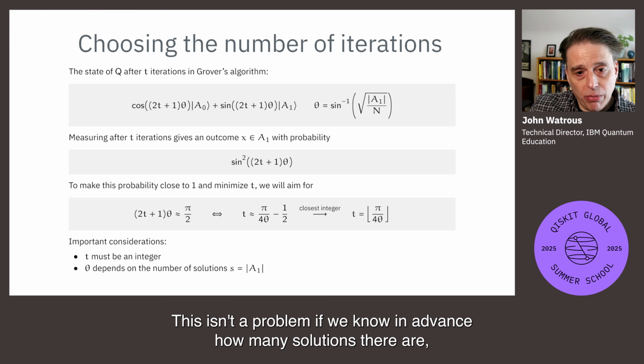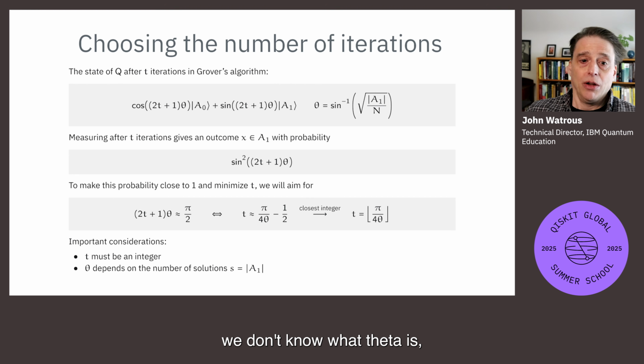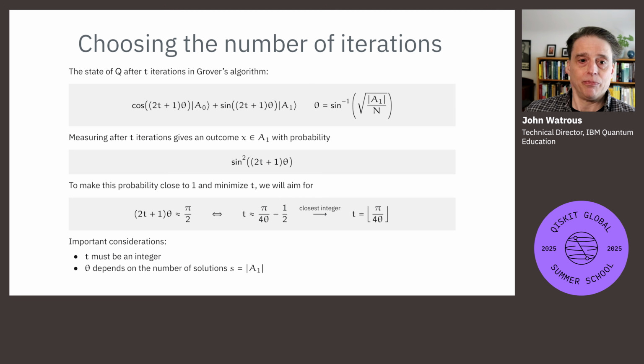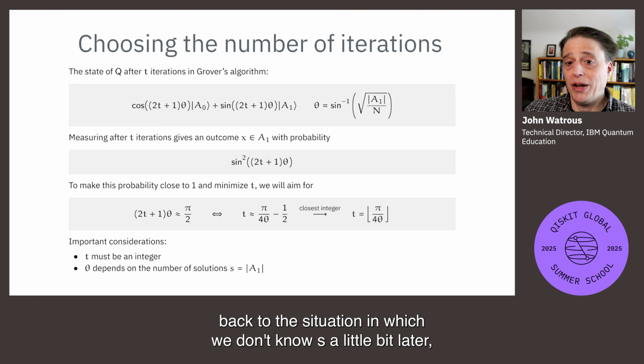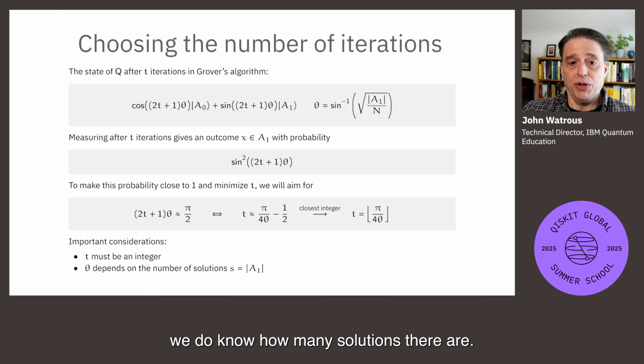This isn't a problem if we know in advance how many solutions there are, but if we don't know how many solutions there are in advance, we don't know what theta is, so we can't pick t like this, and we'll have to do something different in that case. I'll come back to the situation in which we don't know S a little bit later, but to start, we're going to focus on the situation in which we do know how many solutions there are.